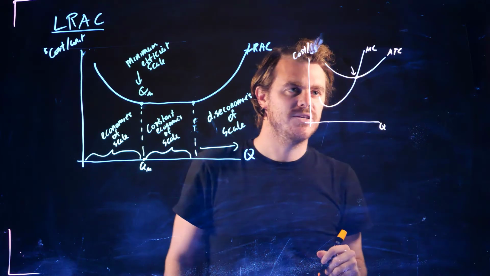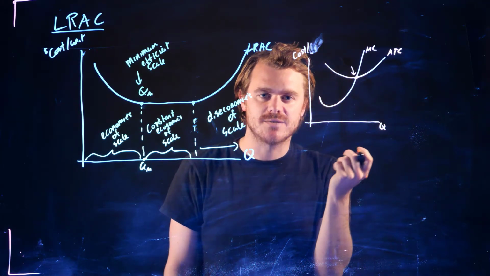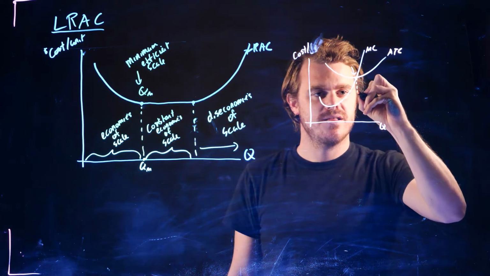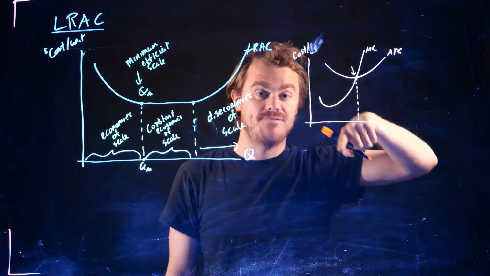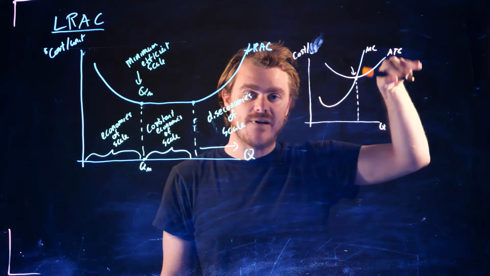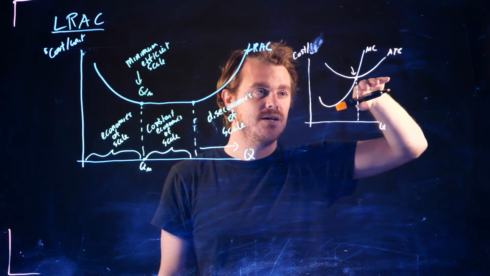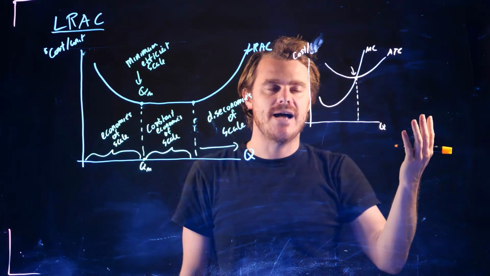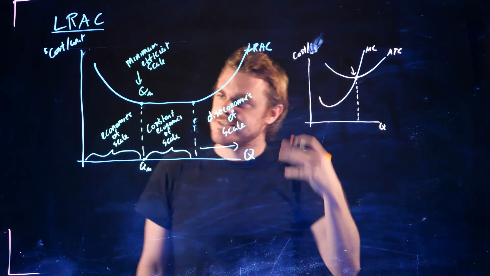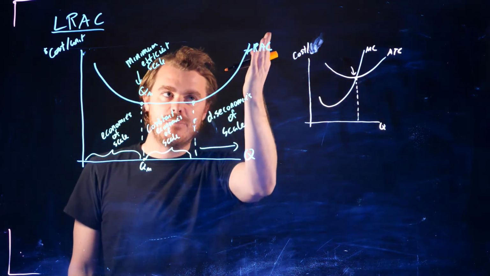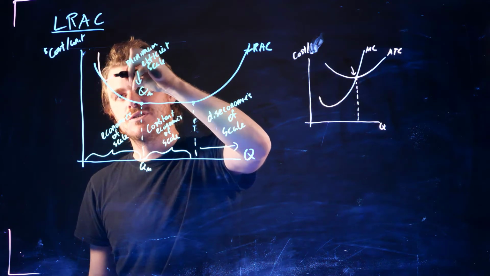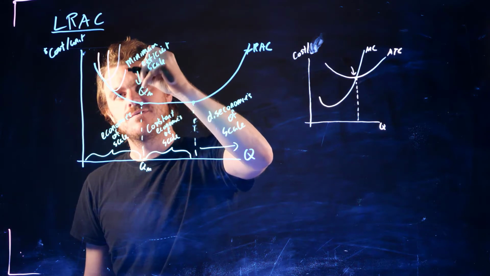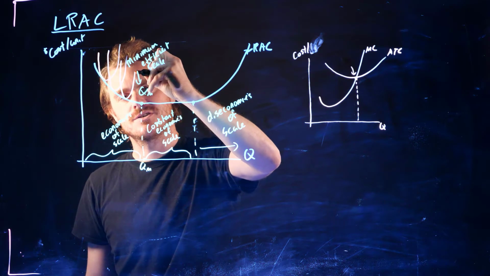This was the minimum cost point: the level of production, given this factory size and the fixed factors, that minimized costs. And how we come up with the long run average cost curve is that it's the result of all these different short run cost curves.